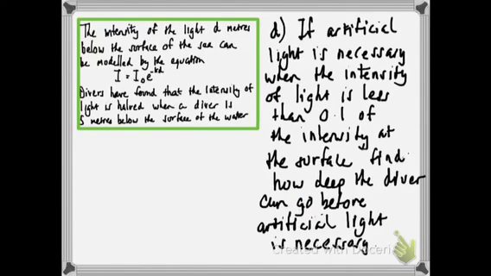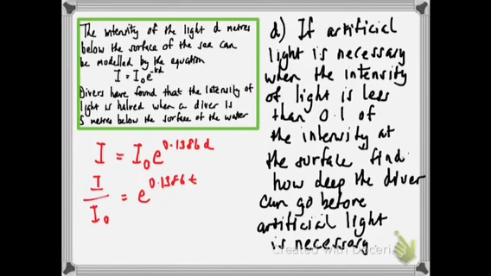Next one, if artificial light is necessary when the intensity of light is less than 0.1 of its intensity at the surface, find how deep the diver can go before artificial light is necessary. So here's our equation, our ratio once again, equals that.